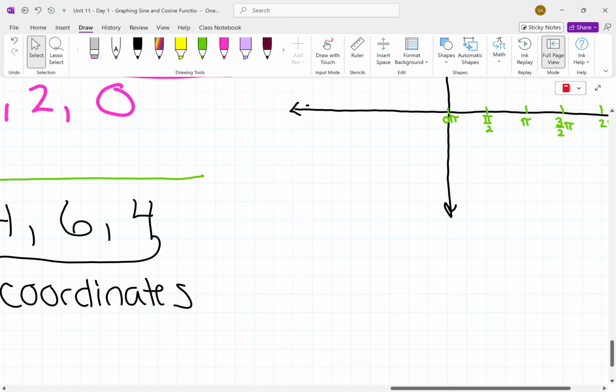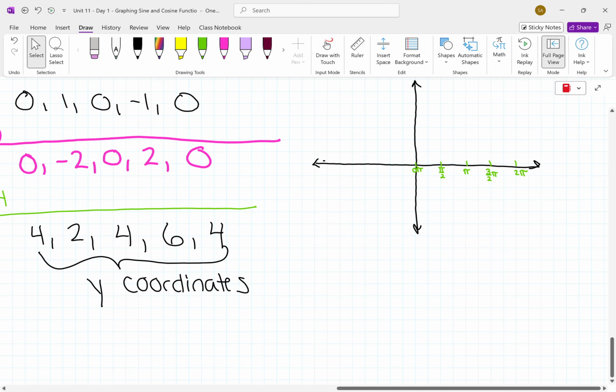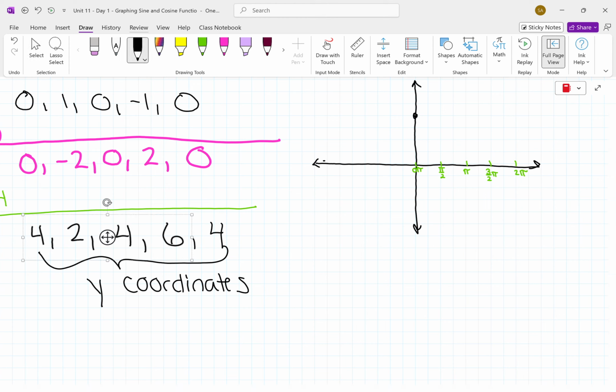We're almost done. Bear with me. And now we're going to represent our y-coordinates right here, which will be positive 4, 2, 4, 6, and then back down to 2.